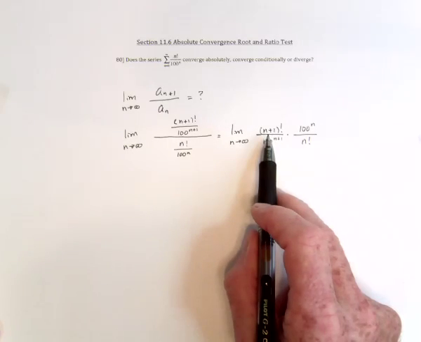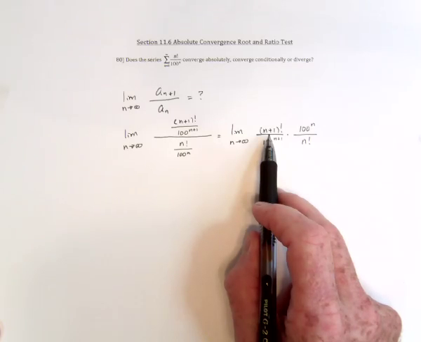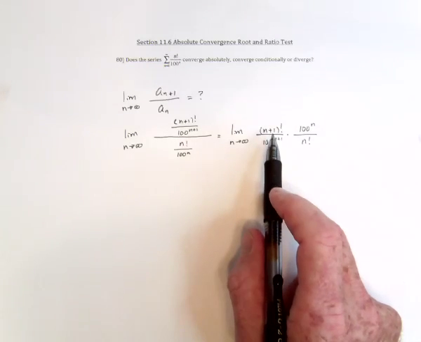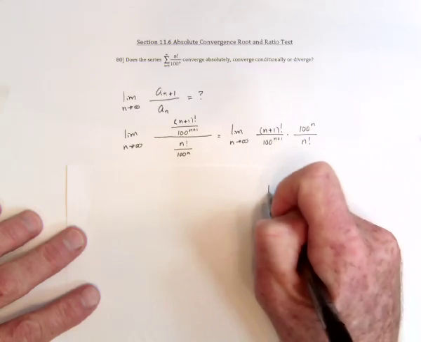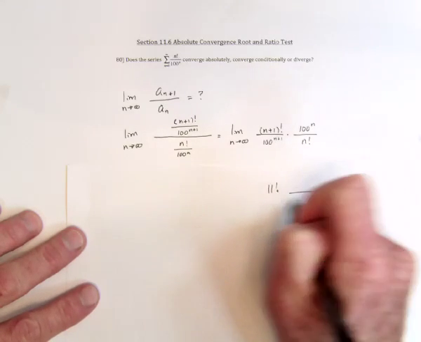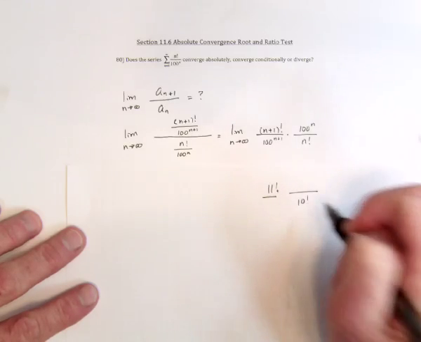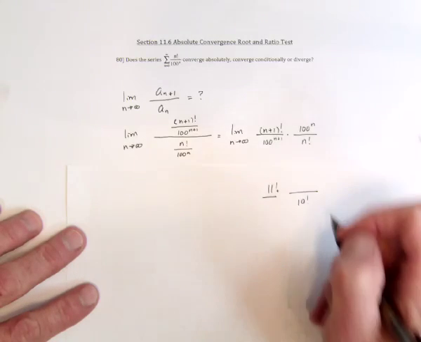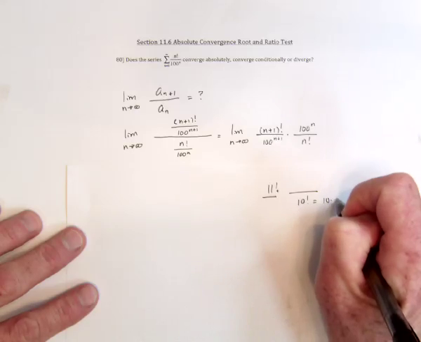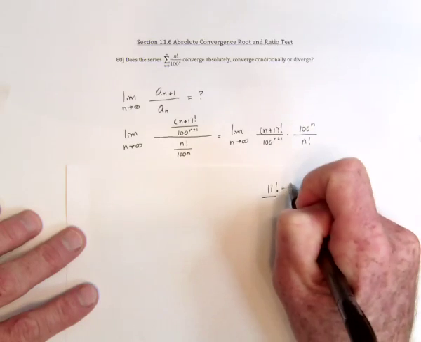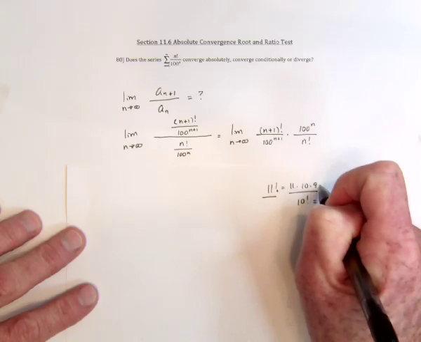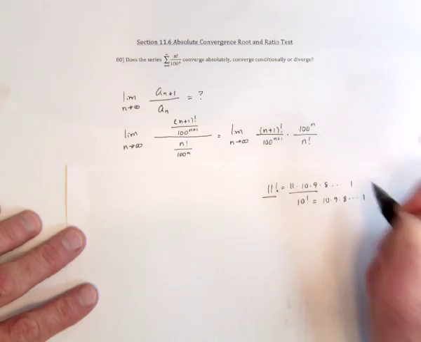So if you look at n plus 1 factorial, that would be something like you've got 11 factorial, and then down here you've got 10 factorial. Well, 10 factorial means 10 times 9 times 8, etc., all the way down to 1. 11 factorial means 11 times 10 times 9 times 8, etc., all the way down to 1.